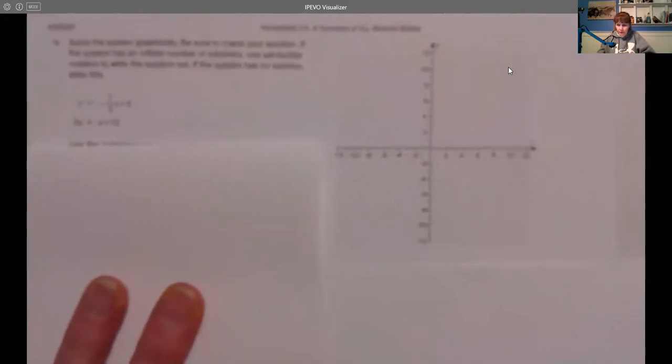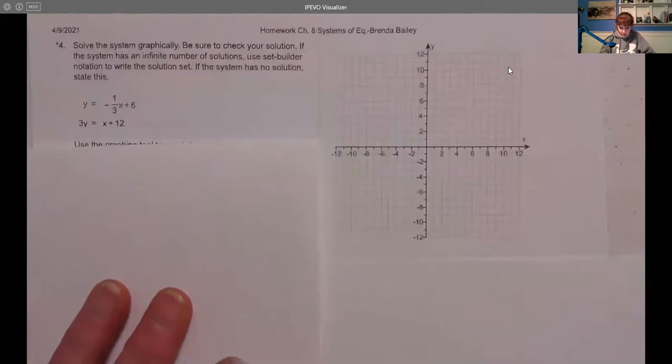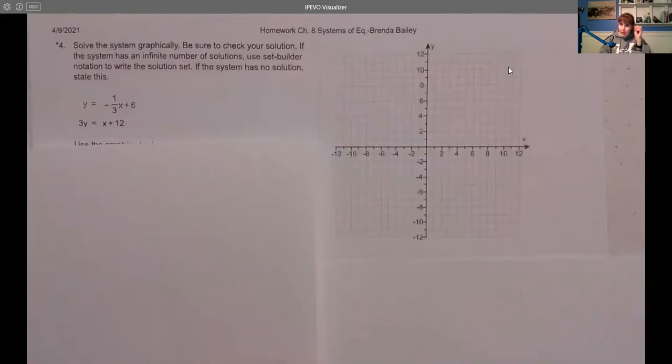All right, I'm going to graph these two equations. Well, the first one, you can see it now. This would be your number 4 on your assignment. To graph this one, it's y equals mx plus b. So we're not going to use the x and y intercept method.